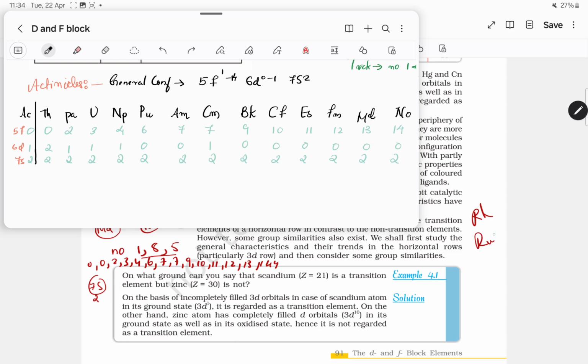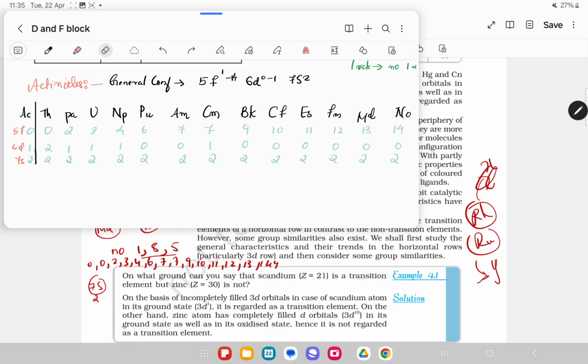They asked about its electronic configuration, the d orbital in this one and the d orbital in this one were x and y. What is the value of x plus y? Some kind of that question has been asked. So you must learn the electronic configuration so that you will not miss any question related to the electronic configuration of d and f block.